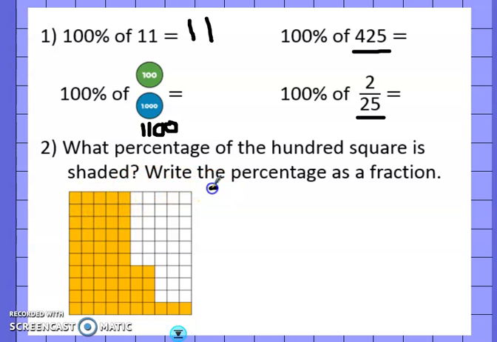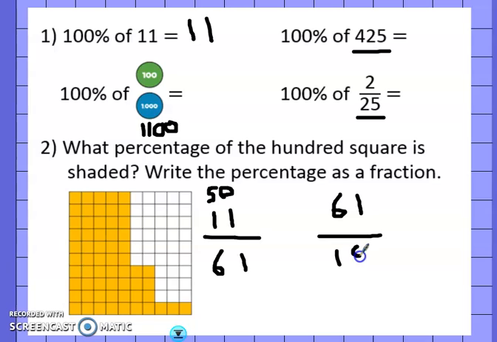So I can remember that is 50. 1, 2, 3, 4, 5, 6, 7, 8, 9, 10, 11. 50 add 11 is 61. It said that it wants it as a fraction, so that is 61 out of 100. So we'll be able to see if we are correct when we go on to the next slide.